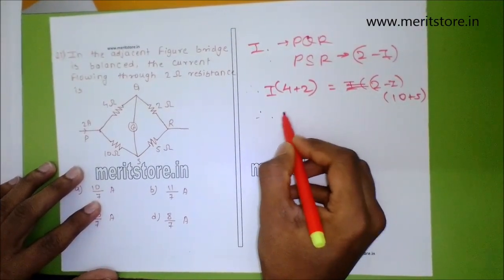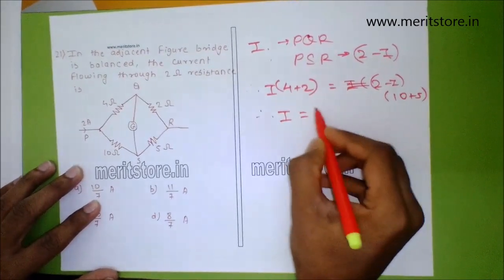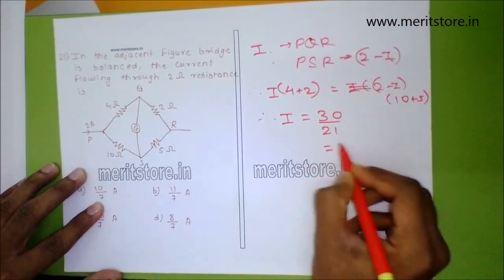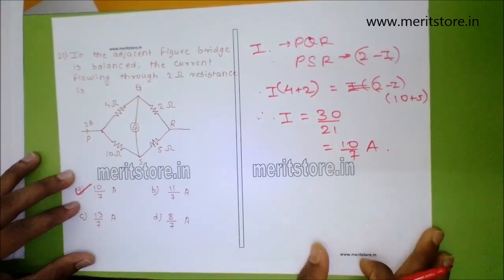Solving this sum, we get I equal to 30 by 21, that is 10 by 7 amperes. Hence option A is the correct answer.